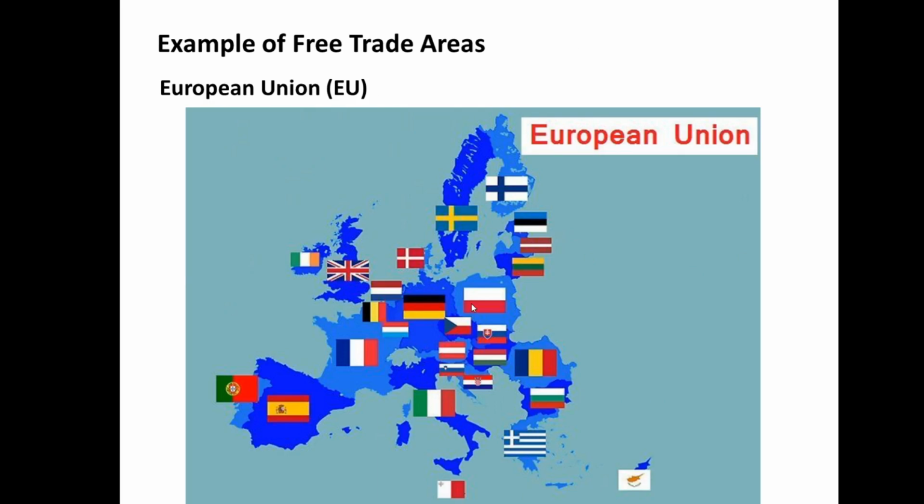You don't want any outsider to intervene in your market. That's why they have a common trade barrier on all the non-members, so that they will have a more stable economy.